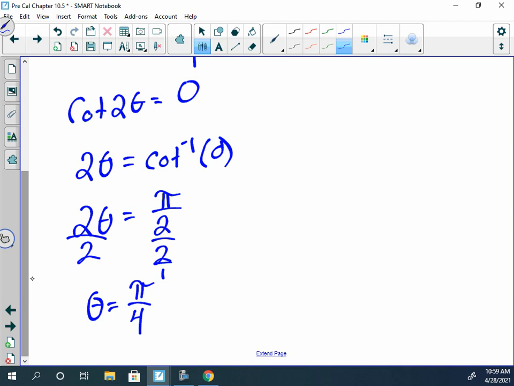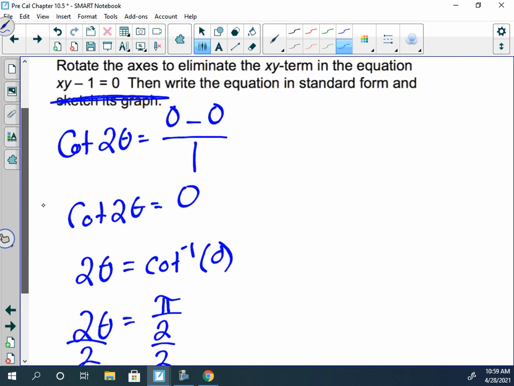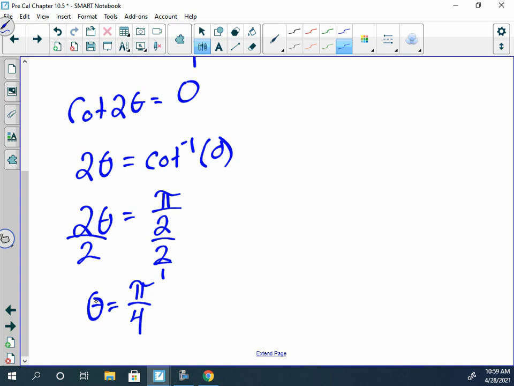It doesn't look like it has it. For some reason this one doesn't have it, but some graphing calculators will let us do cotangent inverse. So, any questions on how we found this angle pi over 4?